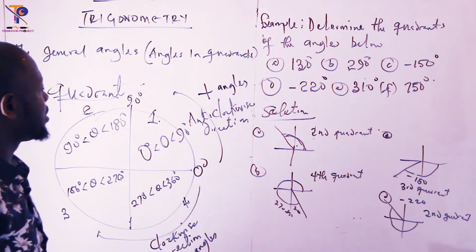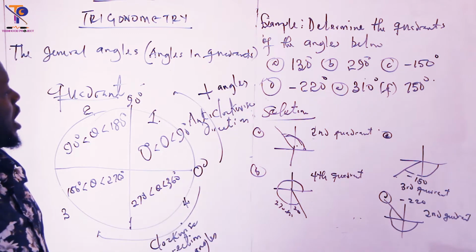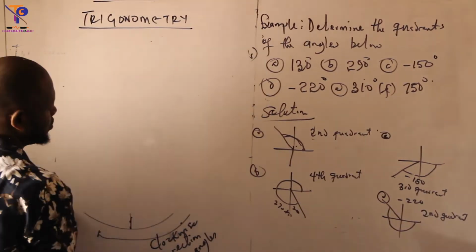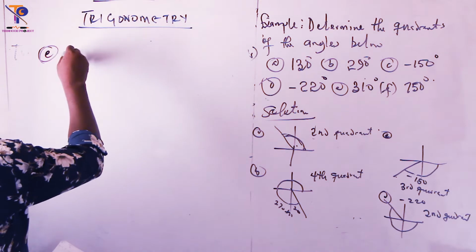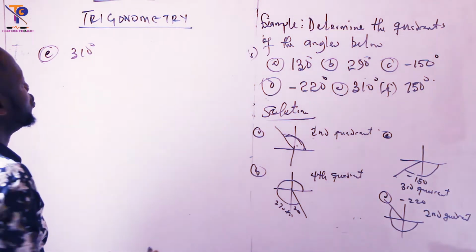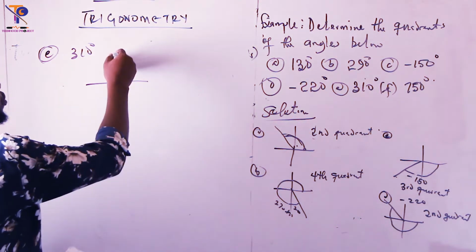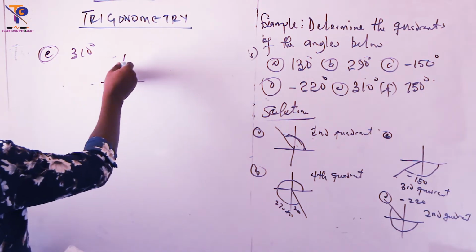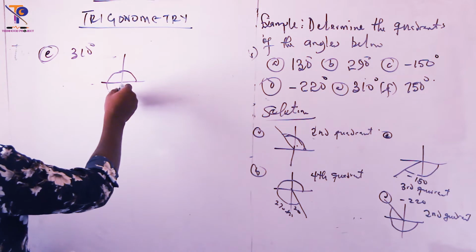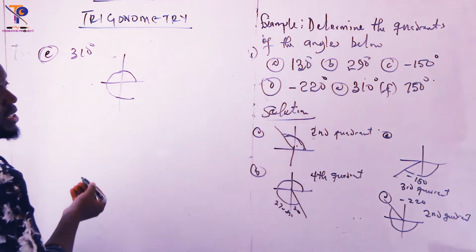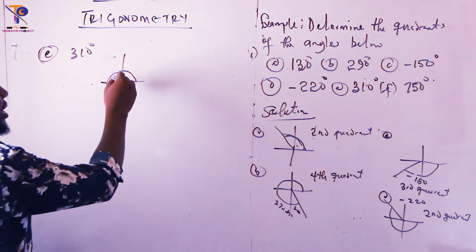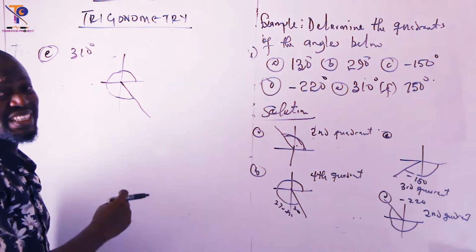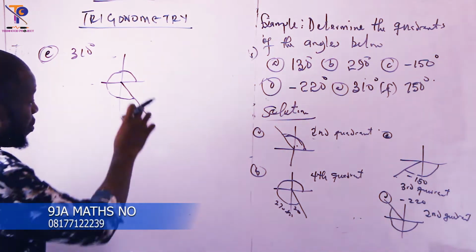So we have two left. E, angle 310. Don't forget 310 means we have 90, then to 270, so this one is 300 plus, so it can be anywhere here. I am just putting it anywhere in the quadrant.